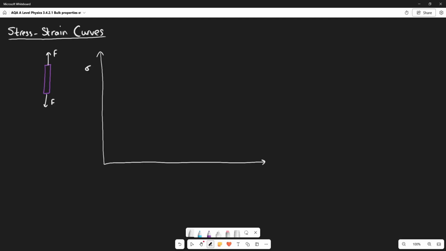If you plot the stress against the strain, you will typically get a graph that looks like this, before it breaks. In the beginning, you will typically get a straight line section. The end of this is called the limit of proportionality.